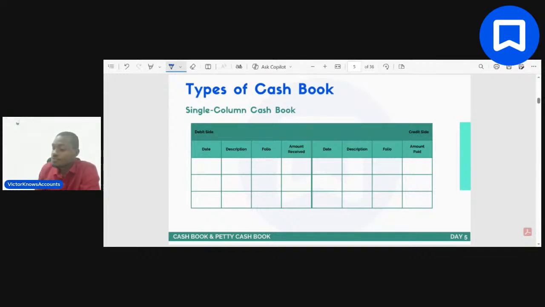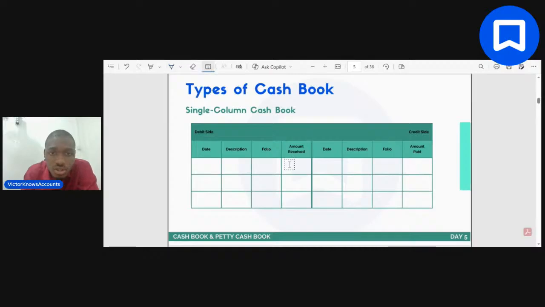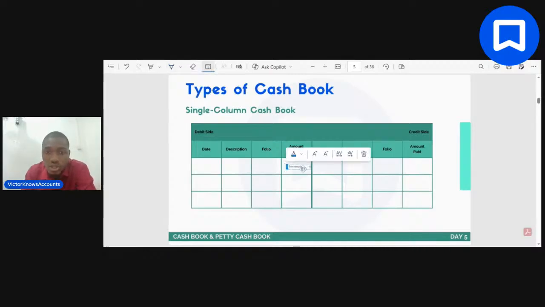So generally, normally when cash is received, you can come here and say 5,000 naira.